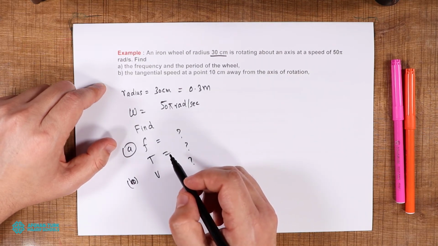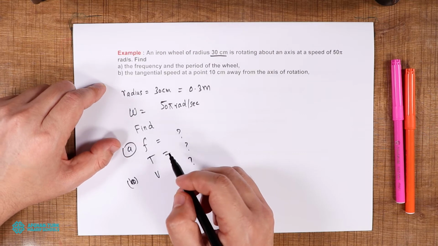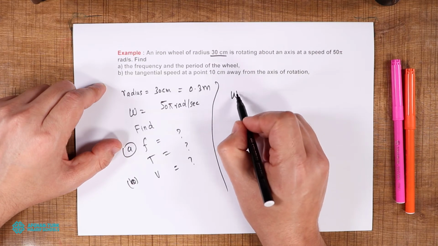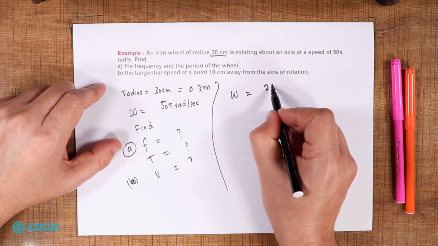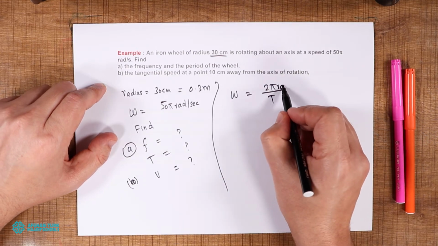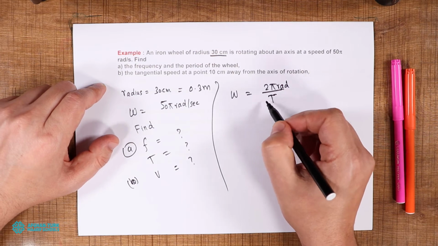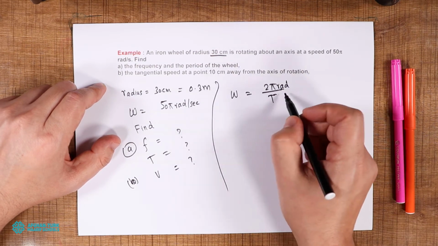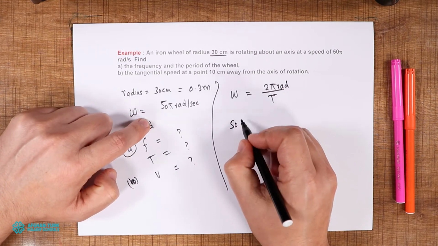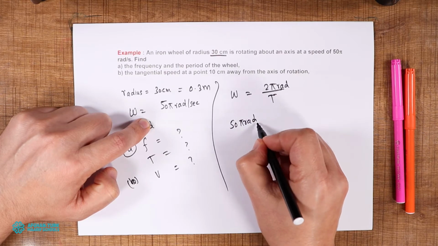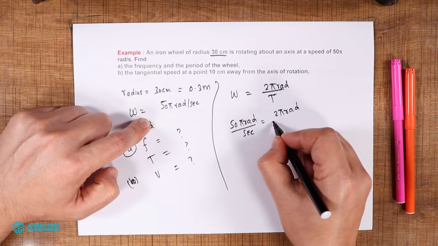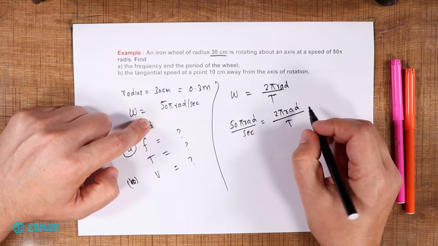If we want to find the time period, we know that angular speed omega is equal to 2 pi radian divided by time period. Putting the value, 50 pi radian per second is equal to 2 pi radian divided by t, and the time period is unknown.